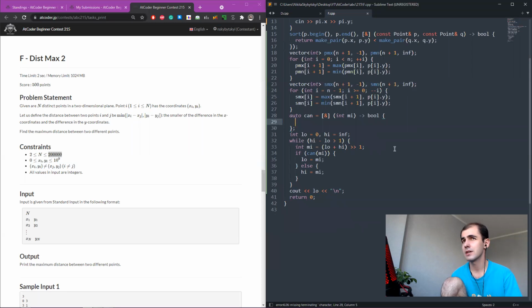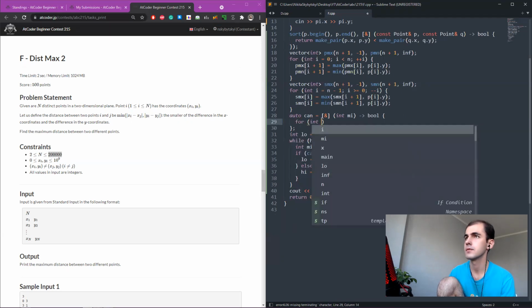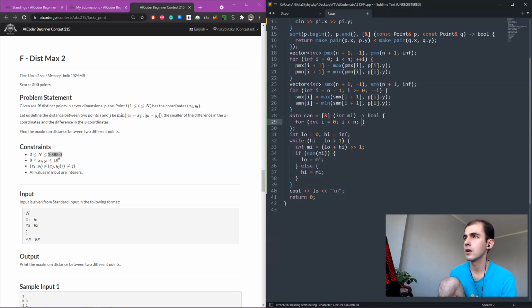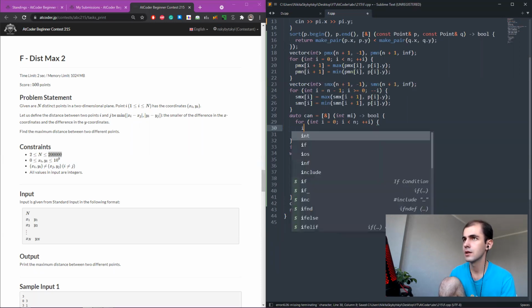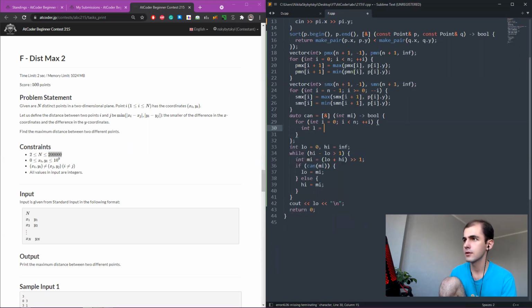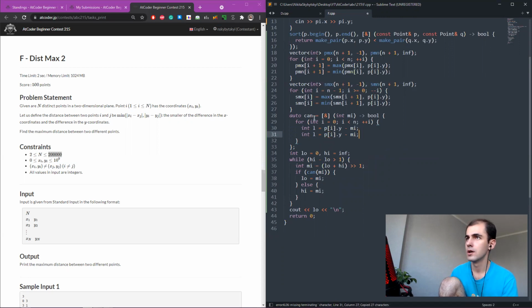The easiest way to do this, with extra log overhead, which still should be fine, is as follows. We just look over all possible points, then we say, okay, left is this minus middle, right is this plus middle, or rather this, because we sort on x.